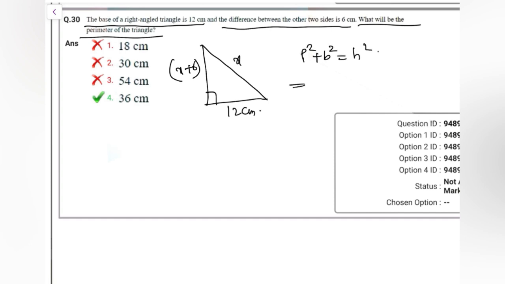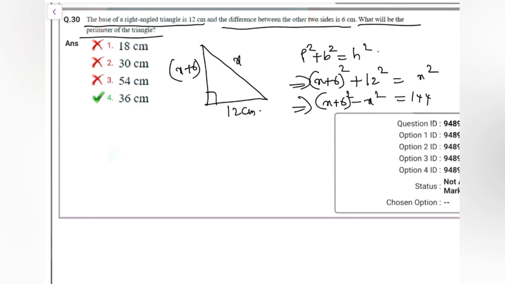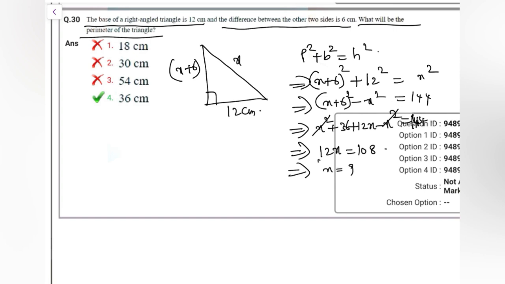It implies x plus 6 whole square plus 12 square, that is equal to x square, which implies x plus 6 whole square minus x square is equal to 144, which implies x square plus 36 plus 12x according to the a plus b whole square formula, and minus x square is equal to 144, which implies 12x is equal to 108 and x is equal to 9.